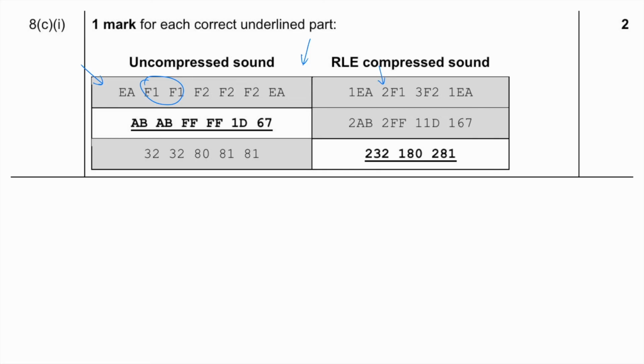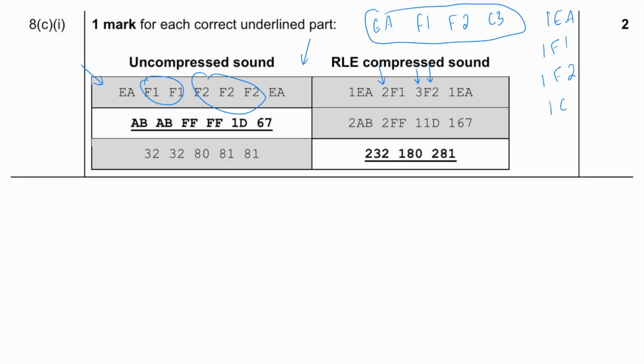Now, I think an even better example would just be this right here. This is definitely going to take up less space because presumably even if this is one hexadecimal value and another hexadecimal value, it's going to be less than 3. But let's say that we have all unique values, right? So let's say we have EA, F1, F2, and C3. So instead of just storing this, we would be storing one EA, one F1, one F2, and one C3.